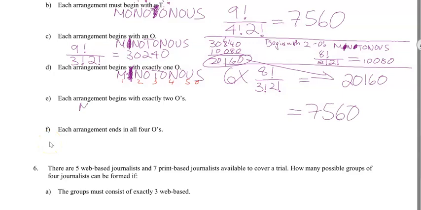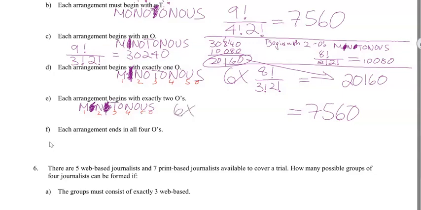So let's start this out by rewriting the word. Okay, so we're given exactly 2 O's, so I'm going to get rid of exactly 2 O's. So the third letter can't be an O, so we have 1, 2, 3, 4, 5, 6 choices.